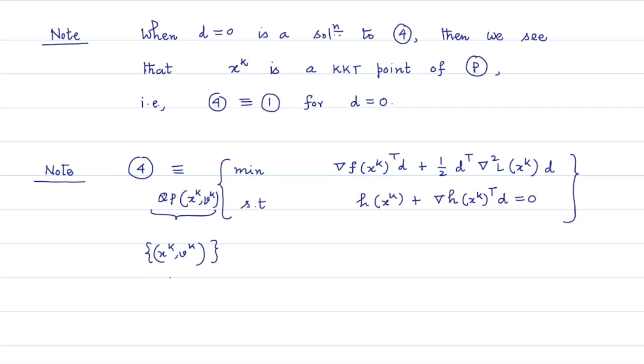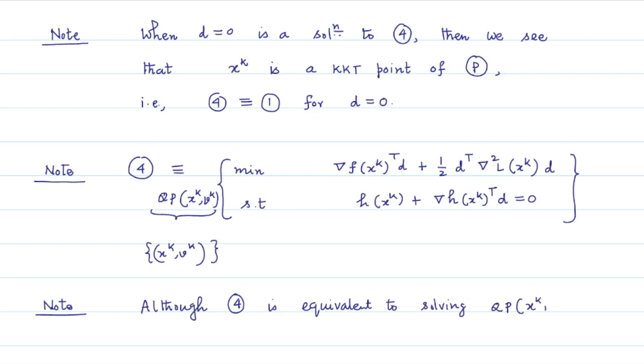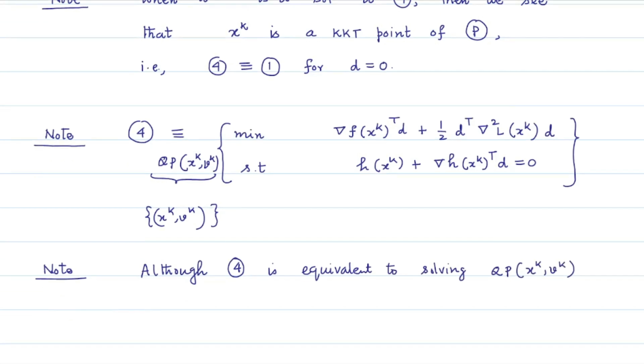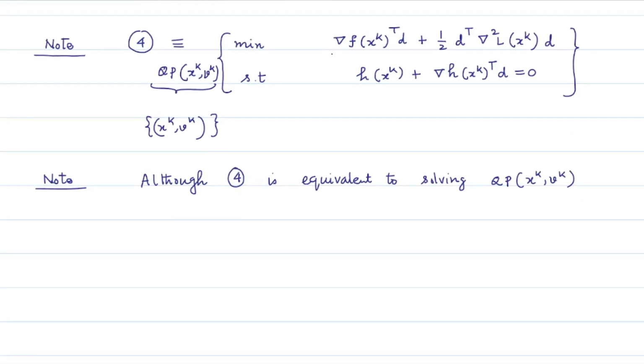They are very important. You notice that although these 4 is equivalent to solving this quadratic programming problem at the point xk, vk, but notice that inside the objective function of this quadratic programming problem we have the curvature information of the objective function small f of the original problem, because inside L you have your objective function f, right?